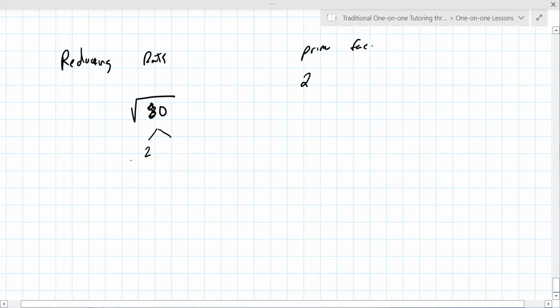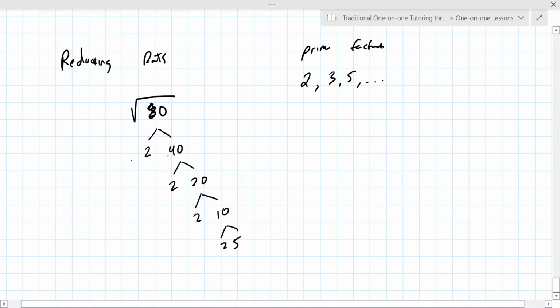It's called prime factorization, which is key here. Your prime numbers are 2, 3, 5, and you don't have to get much bigger than that. You always start with 2. Does 2 go into 80? Yes. 2 times 40, 2 times 20, 2 times 10, 2 times 5. So you stop when you get there.